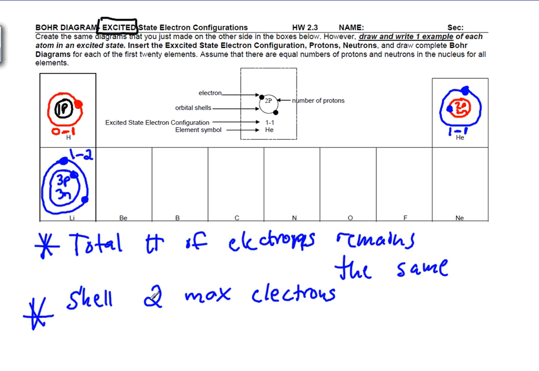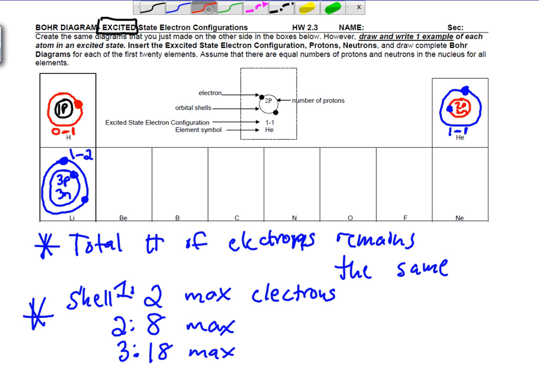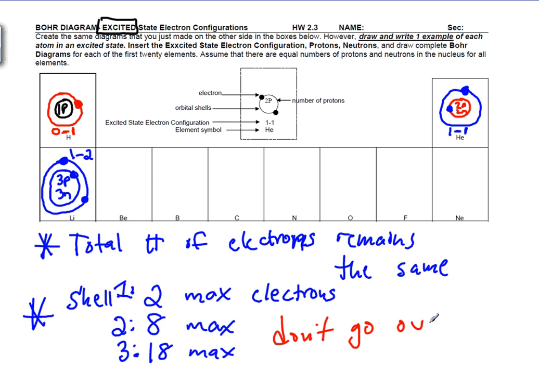Shell 2 can hold a maximum of 8, and shell 3 can hold a maximum of 18. So the only thing you have to worry about is don't go over the max. Then you are breaking the rules, and it's not a correct excited state.